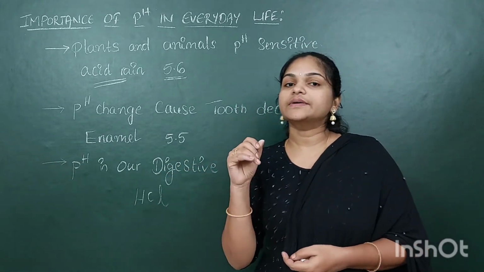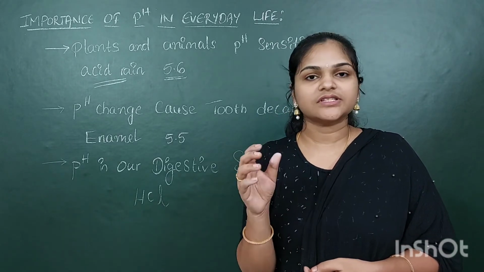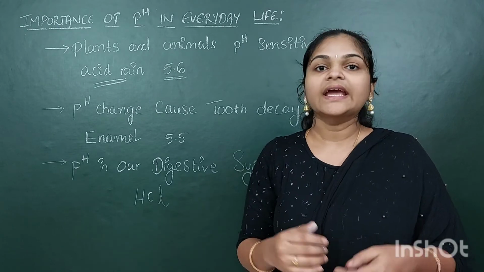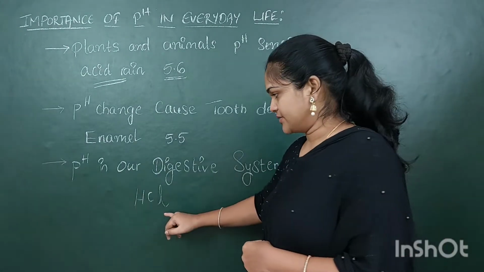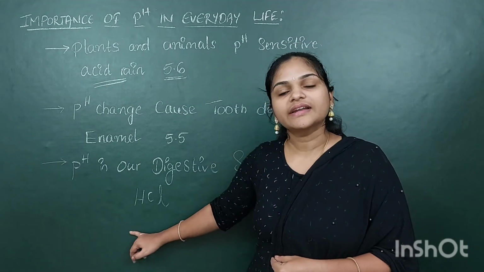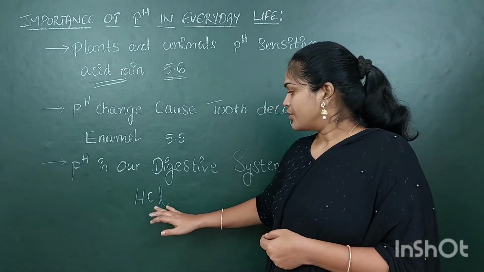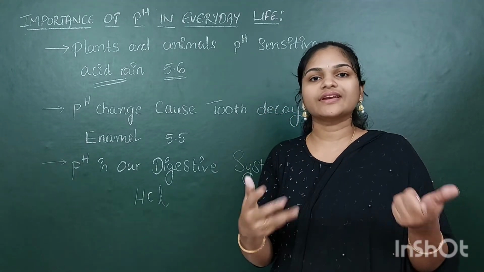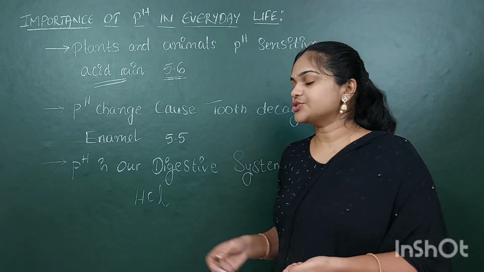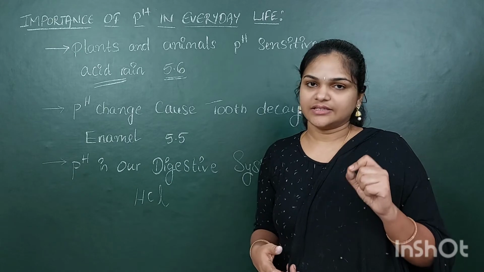If a person is suffering from a digestion problem, that person is going to release an excess amount of HCl. So what do we have to do? When a person releases an excess amount of HCl, you have to give antacid tablets.